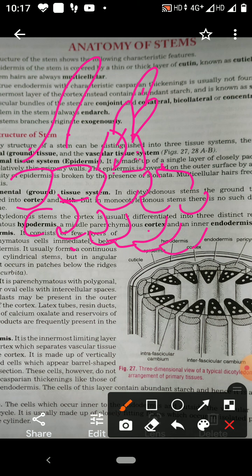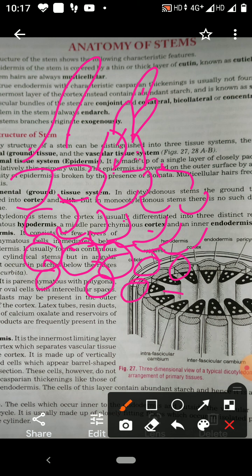Collenchyma means cells are closely packed and angular thickening is there. Then there is the cortex, which is made up of parenchyma. These are polygonal, rounded, or oval shaped cells.